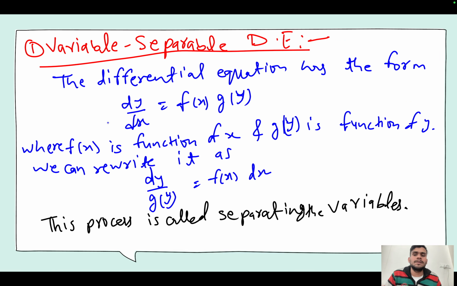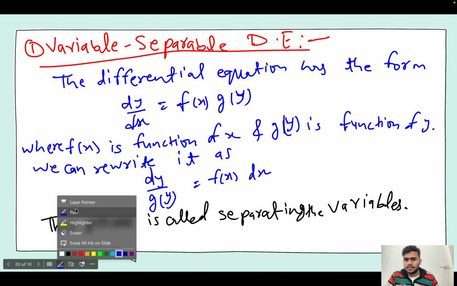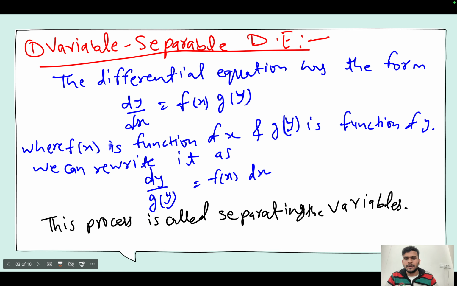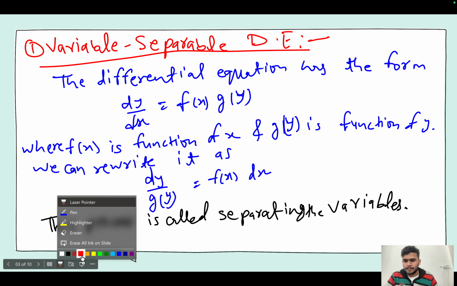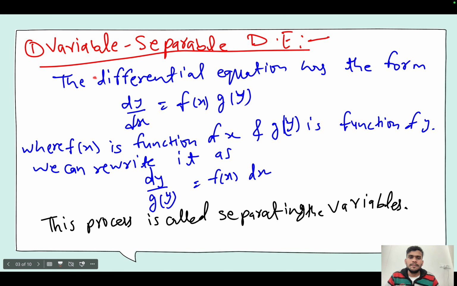So what is a variable separable differential equation? The differential equation has the form dy by dx is equal to f(x) into g(y), where f(x) is a function of x and g(y) is a function of y.